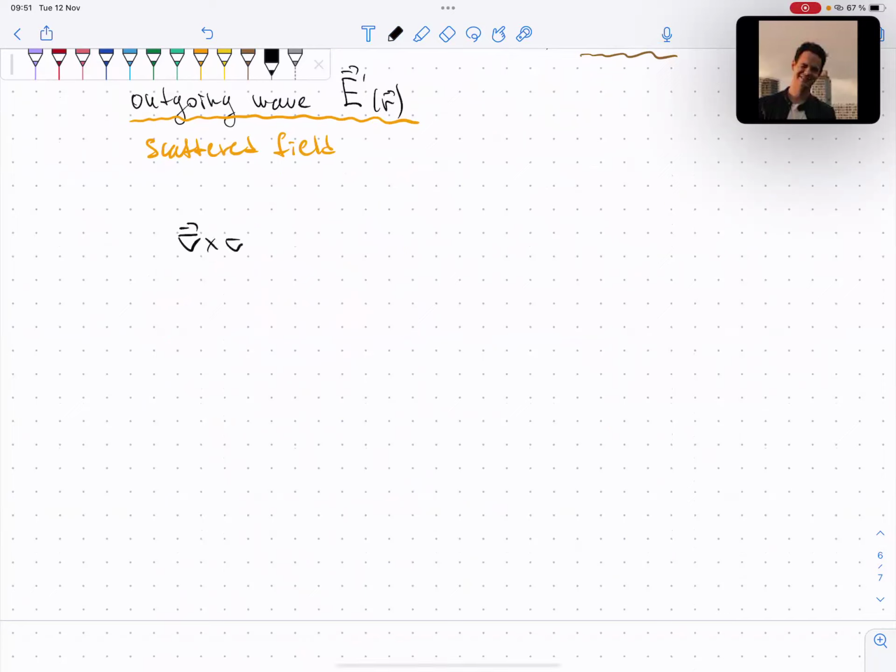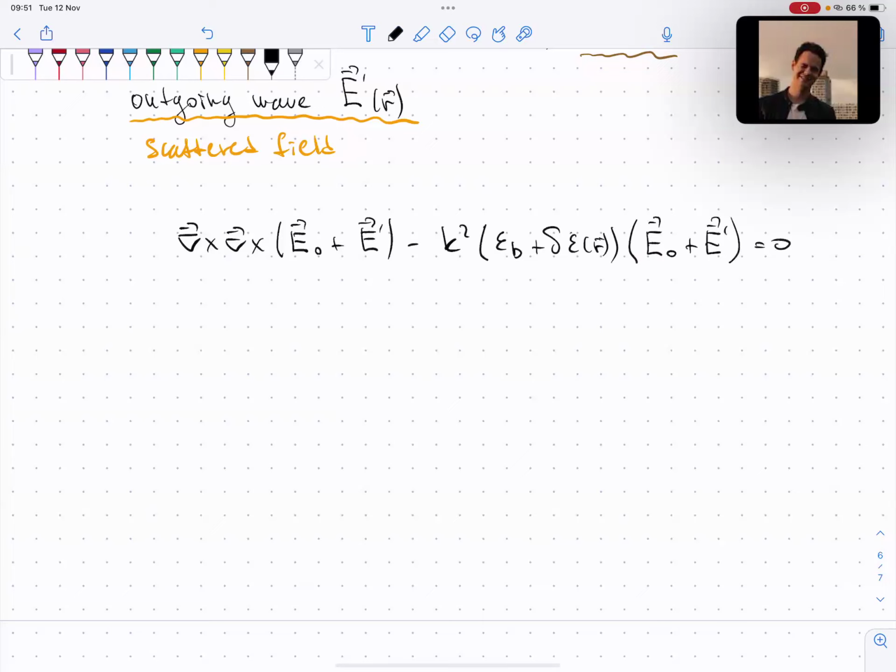So it will be curl of the curl of E0 plus E prime, which is like the scattered field, minus k squared times (epsilon background plus delta epsilon of R) multiplied by E0 plus E prime equals 0.